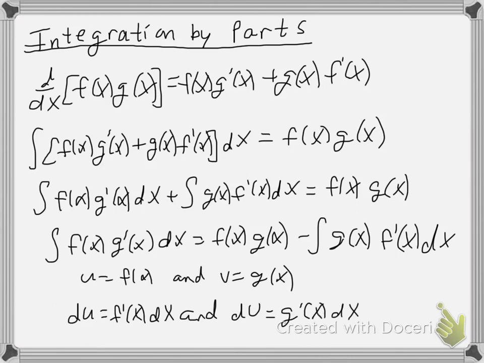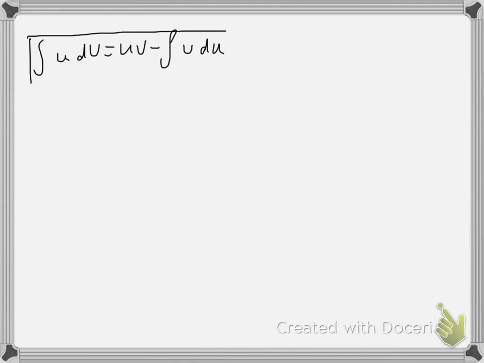So by the substitution rule, the formula for integration by parts simply becomes the integral of u dv equals uv minus the integral of v du. This will be our formula for integration by parts.